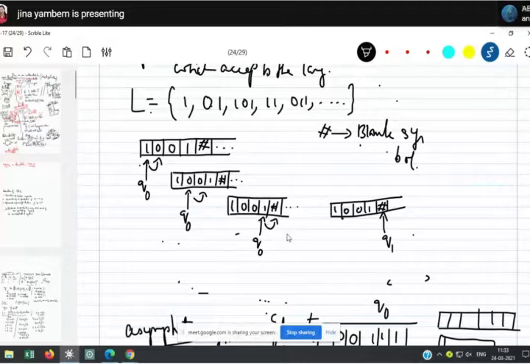After finding this hash, what I'm doing is, once you find the hash, come back, move back to the left side.